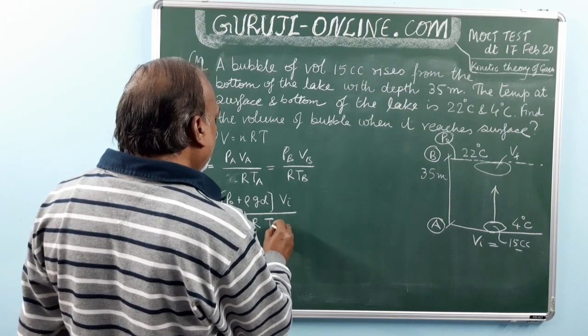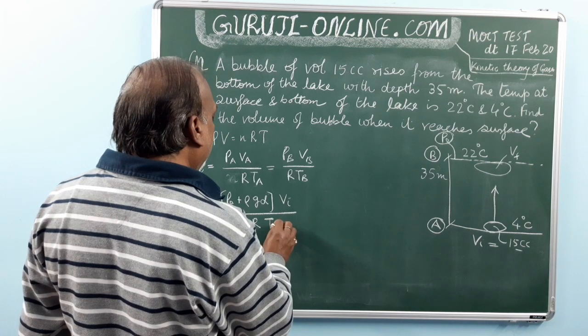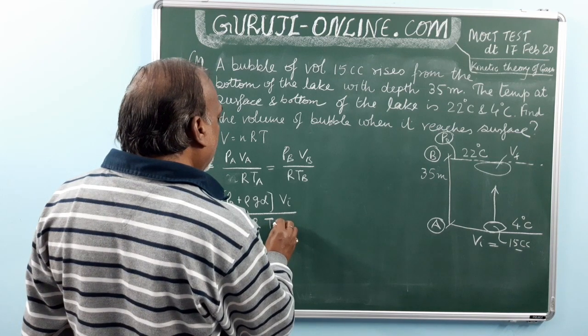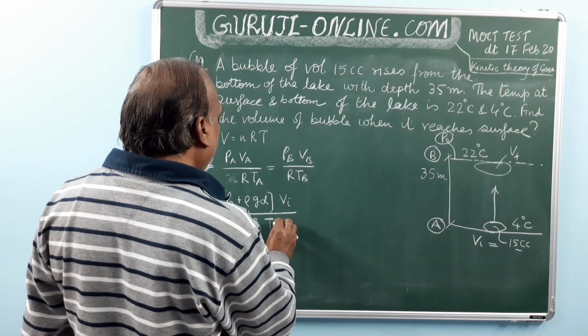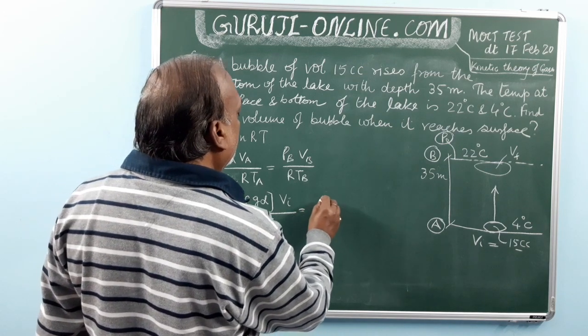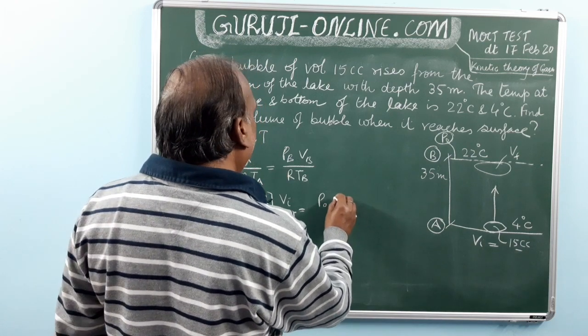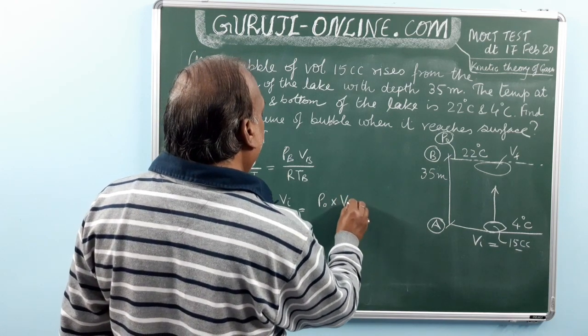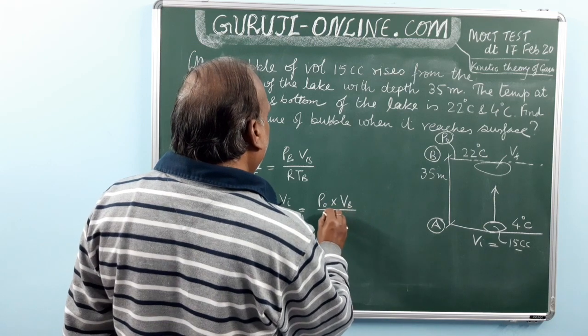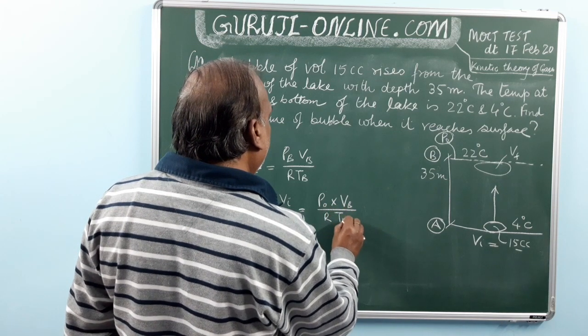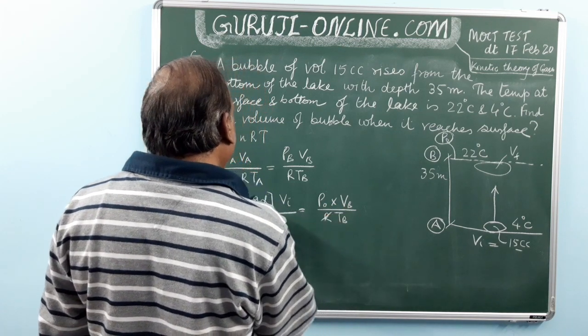We can write it as, okay, we can let it remain as this thing. And here PP is nothing but this thing, VV R, R cancels out.